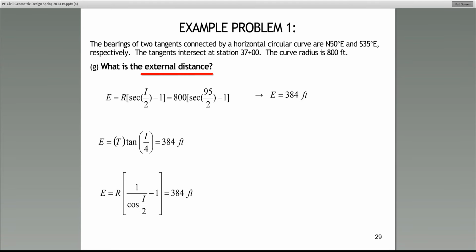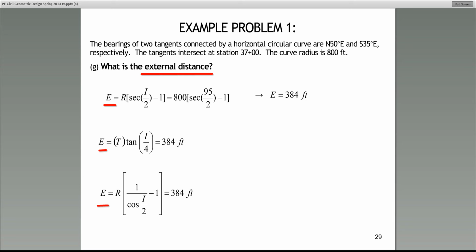I actually listed all three equations. You can pick the one that you like to use, but which one you use is governed by what you already know, the given information.